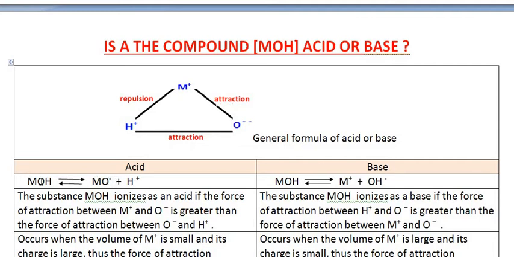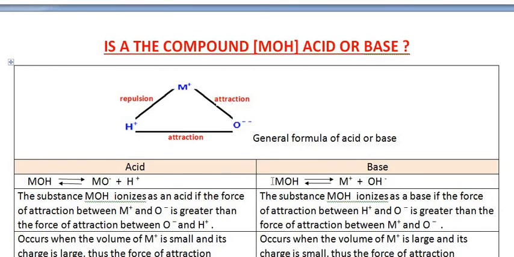In this case, this is an acid. If MOH ionizes in the form of M plus and OH minus, this is a base. So MOH may be an acid or may be a base.